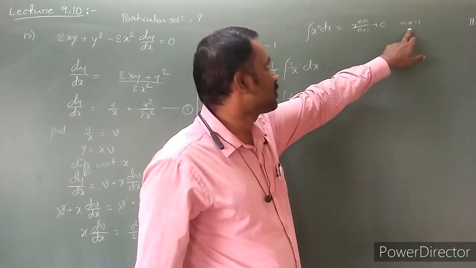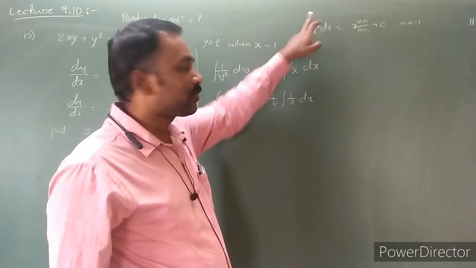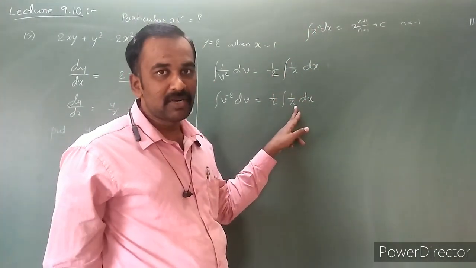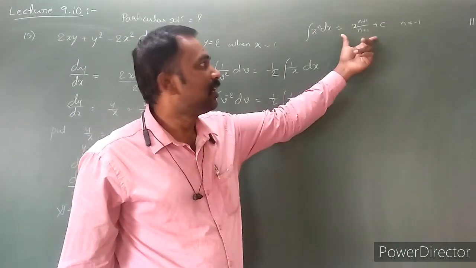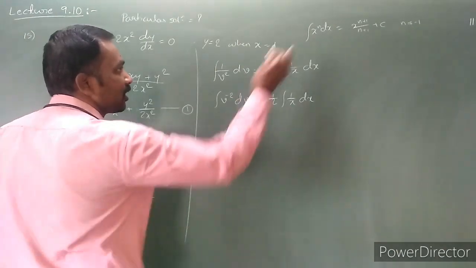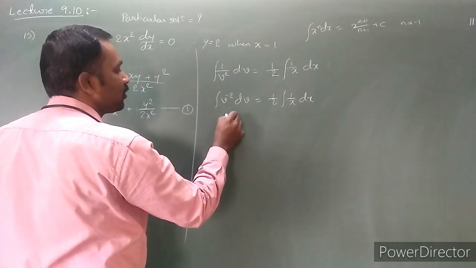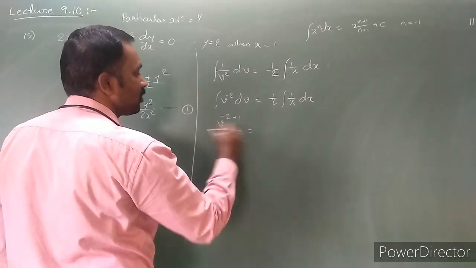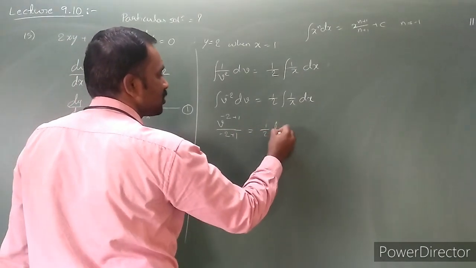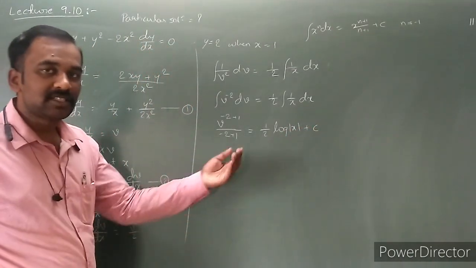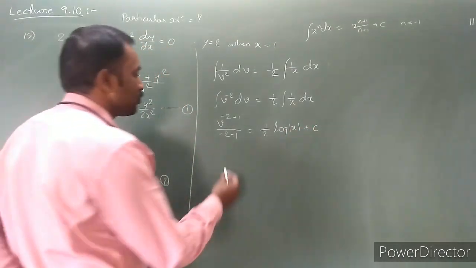If n is equal to minus 1, what happens? x power minus 1 is nothing but 1 by x. The integration of 1 by x is log x, already done. While deriving this formula, that condition is already mentioned. No problem. Okay, apply. v power minus 2 plus 1 divided by minus 2 plus 1 is equal to 1 by 2 as it is, log of mod of x plus c, or log c, whatever you wish.